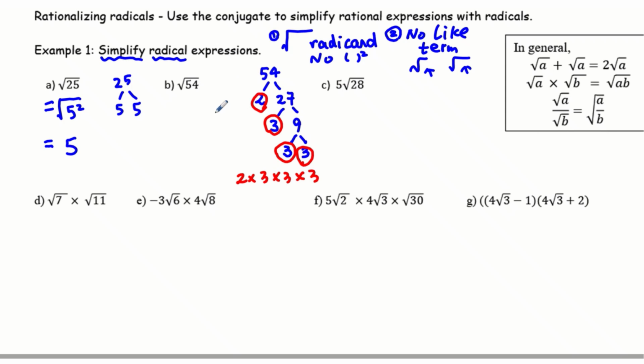For simplifying radicals, we are looking for repeated numbers. So 3 times 3 means 3 squared. This is what we call a perfect square number. We put the perfect square number at the front. So 3 squared, and the number left is 2 times 3, which is 6.